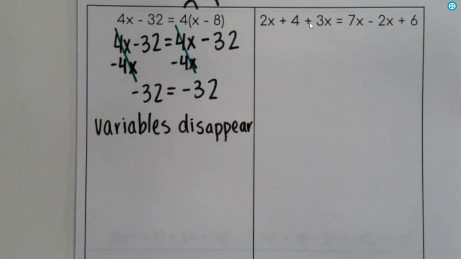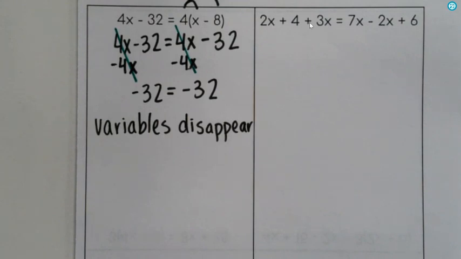It's going to happen on two-thirds of the problems I give you. Once these variables have disappeared, we are still left with an equation. That equation is negative 32 equals negative 32. Is that statement true or false? Does negative 32 equal negative 32? I heard someone say it. True. So that is true.